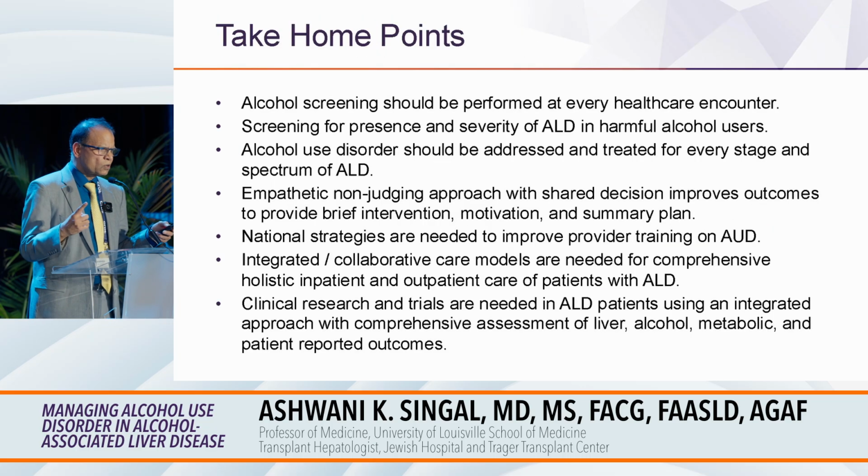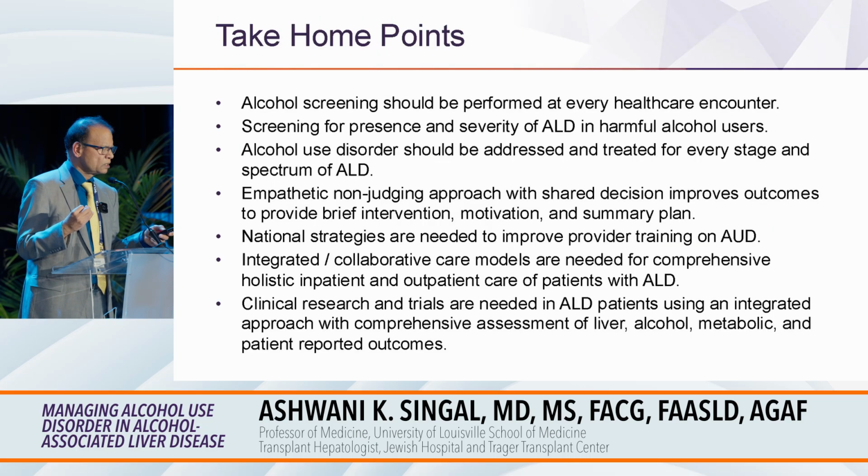So I want to summarize my presentation, and I think I made my point, which was given to me: treating alcohol use disorder. We should screen for alcohol use irrespective of what the patient comes for, whether they come to the primary care or ER or to a specialist. And then those who have risky alcohol use, we should screen for alcohol-associated liver disease.